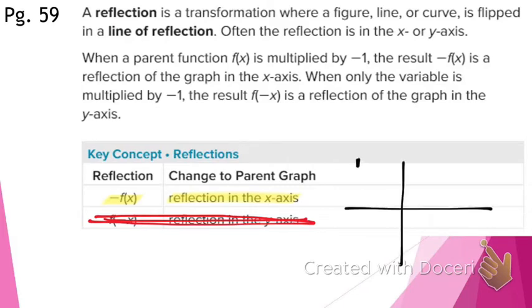So this is the parent. So if I make A negative, instead of it looking like a V, it's going to look like an upside down V. That's what I'm saying when I say it reflects down. So when A is negative, A actually has 2 different powers. It can cause it to get narrow, wide, or flip. Okay?